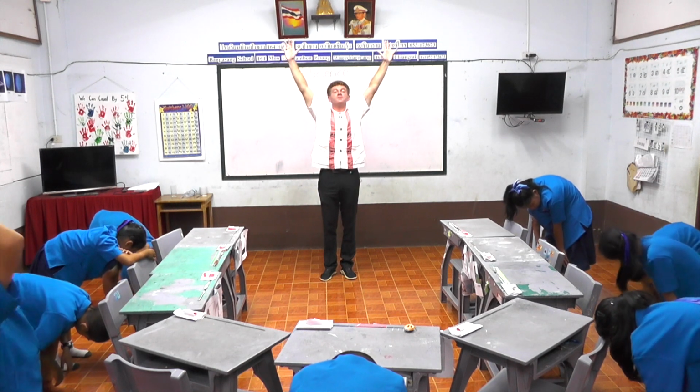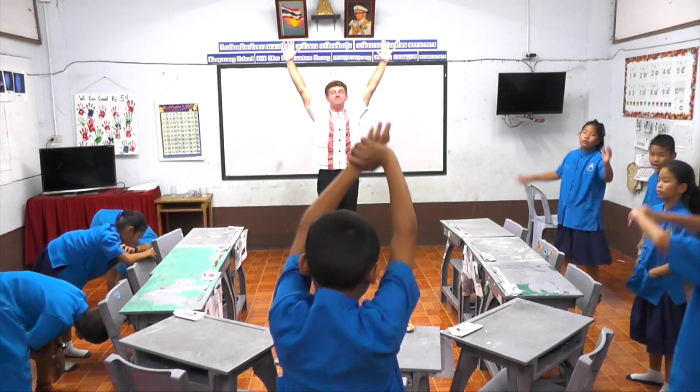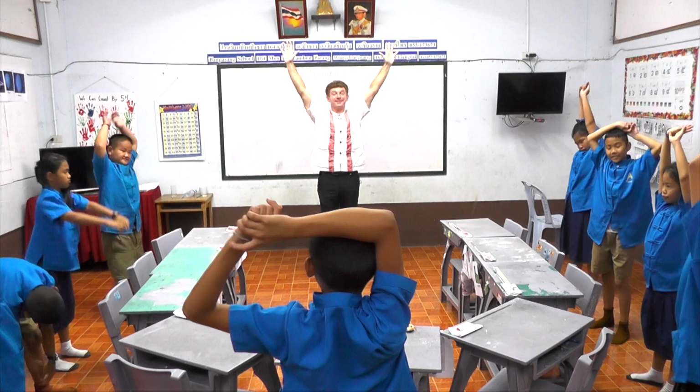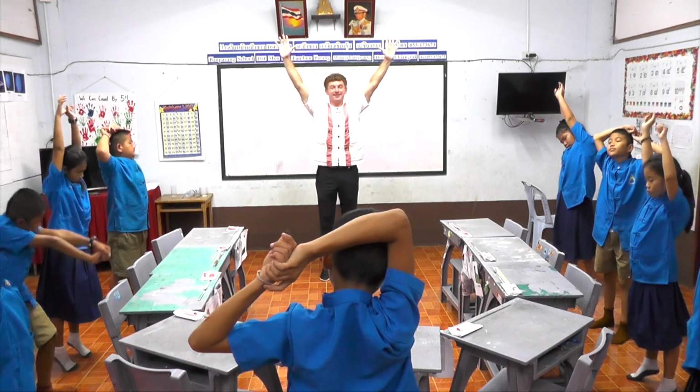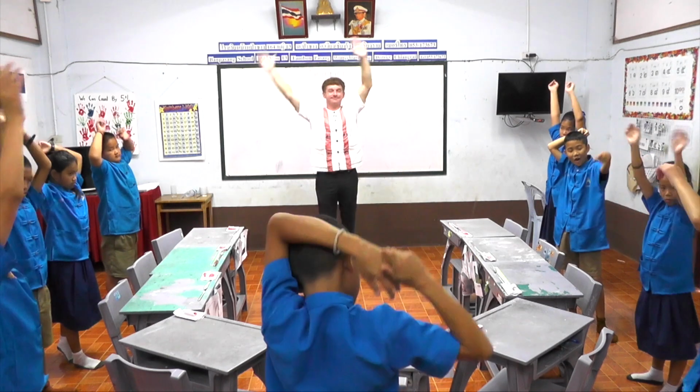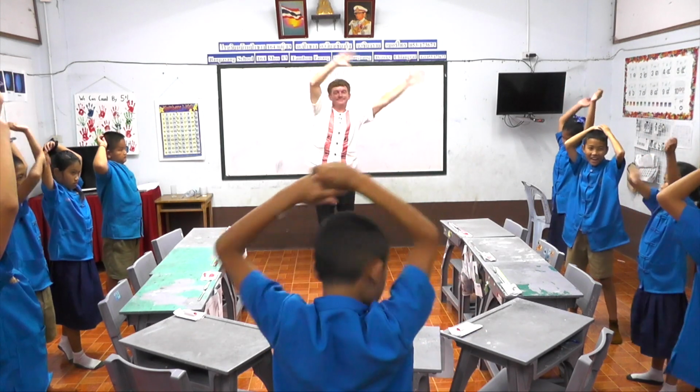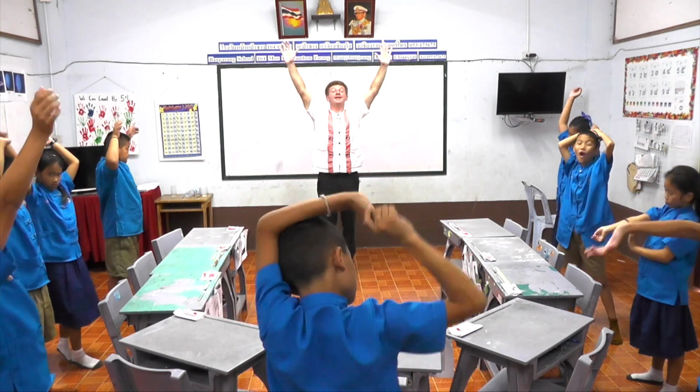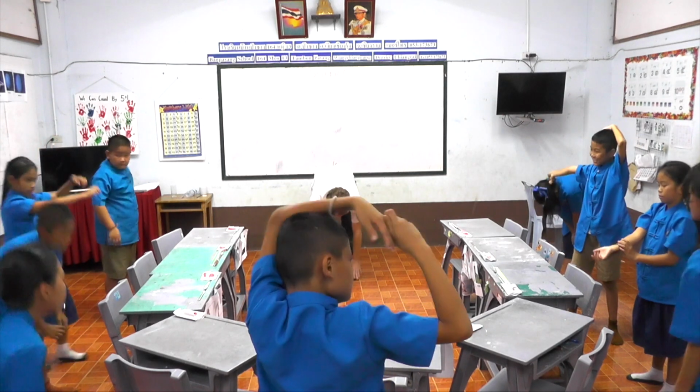And now, we go back up high one more time. And this time, can we go tippy-toe high? And while we're there, let's have a wave. And then back down to touch your toes once more.